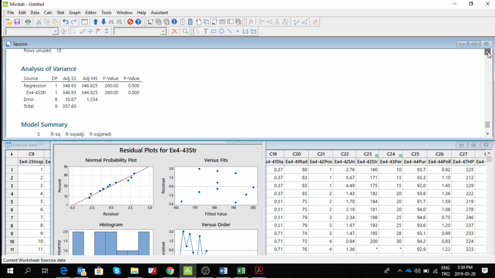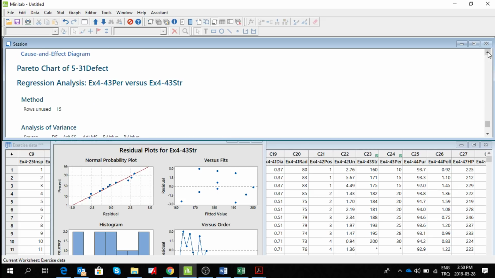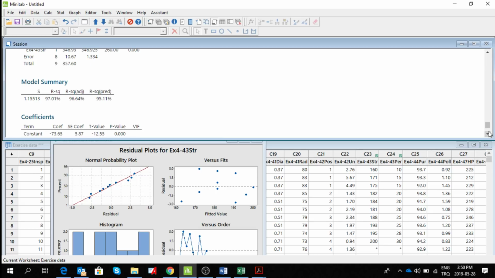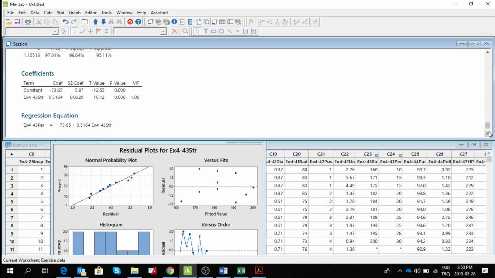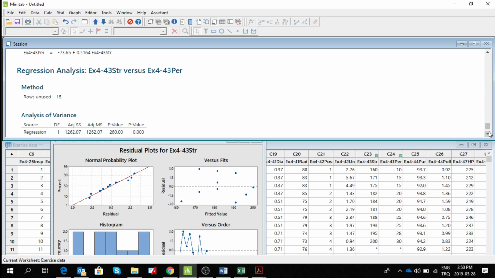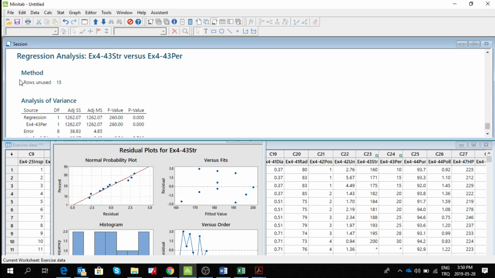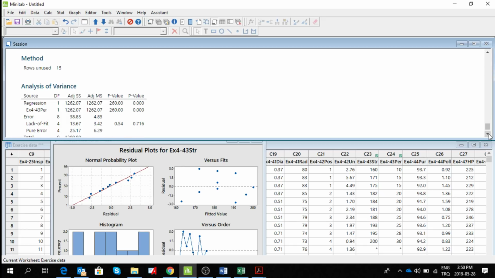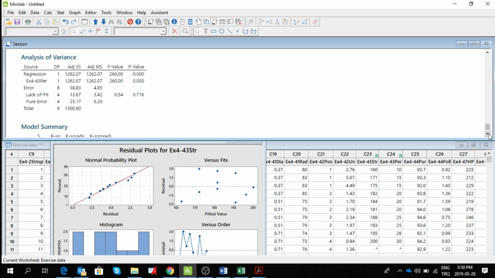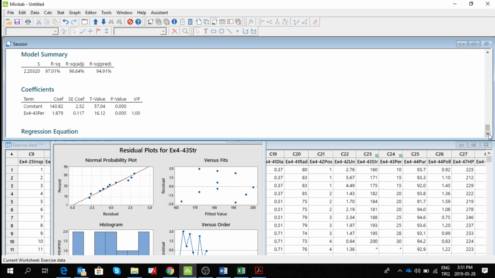Okay, here we see the, this is the one that we would need. Analysis of variance, results, model summary, coefficients.